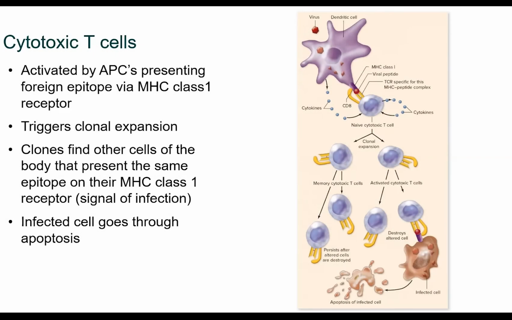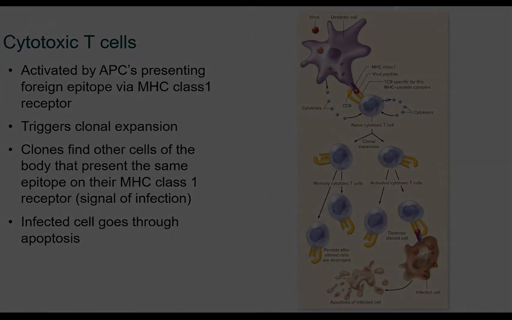Now, cytotoxic T cells are activated by a professional APC, such as a dendritic cell, typically in the thymus. Once activated, the TC cell carries out clonal expansion, and the resulting cells leave the thymus to find altered self cells that present that same antigen. Once located, the T cytotoxic cell destroys the infected cell using perforin and granzyme. And memory T cytotoxic cells are also produced during clonal expansion.